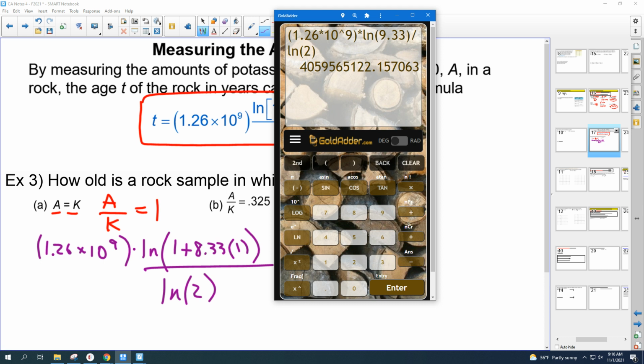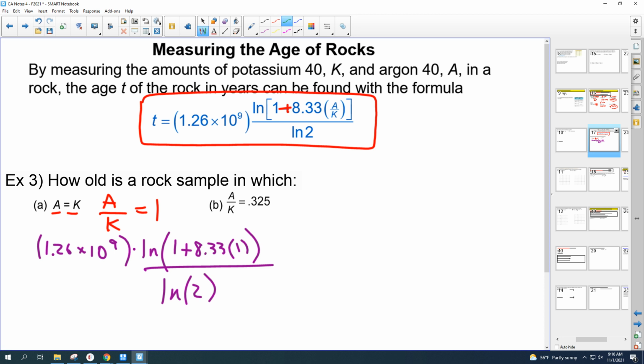If you got an error, go back and check your calculations. Keep in mind, if you didn't change that minus to a plus, it's going to be an error. But anyway, that's a pretty big number right there. 405 956 5122.